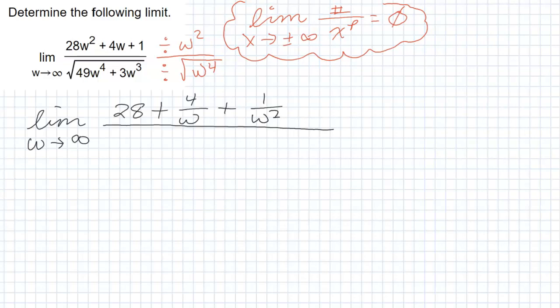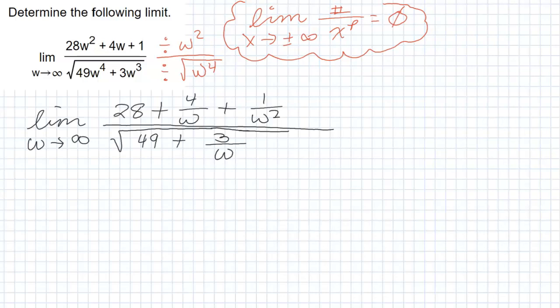Okay, now on the denominator, dividing by w squared means the same as dividing by square root of w to the 4th power. So when I divide things with square root, I keep the square root the same and divide the things inside the square root. So I will have 49 plus 3 divided by w.